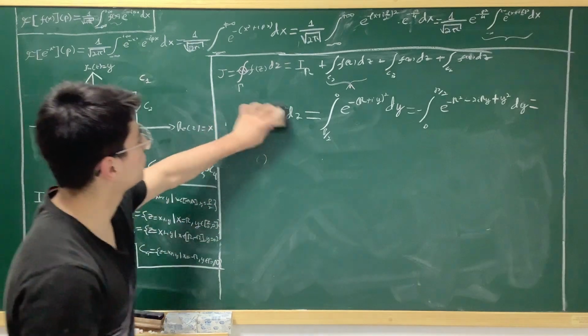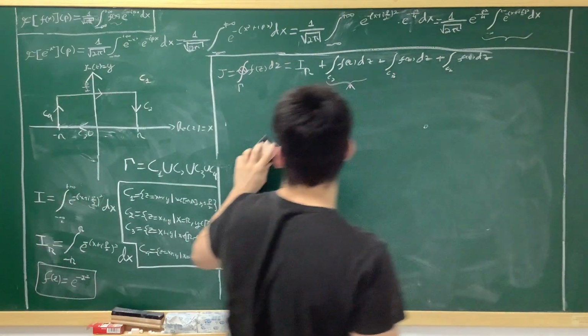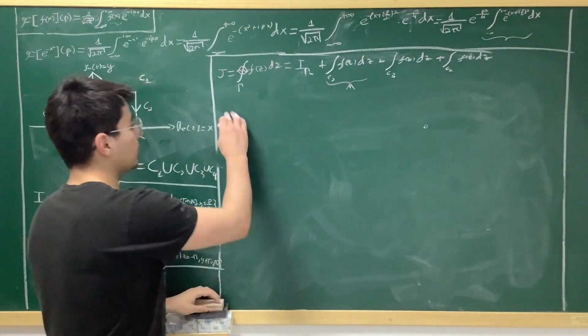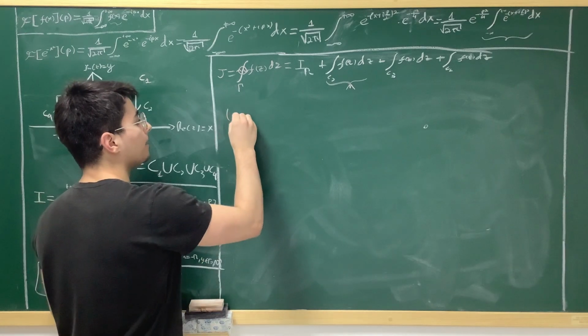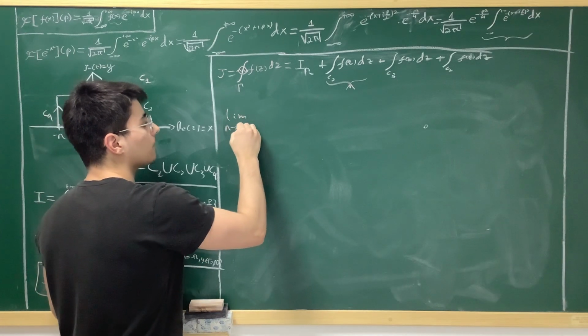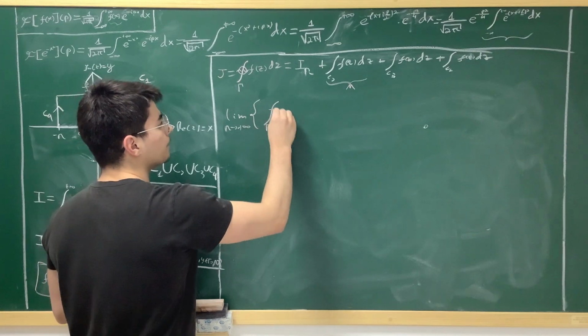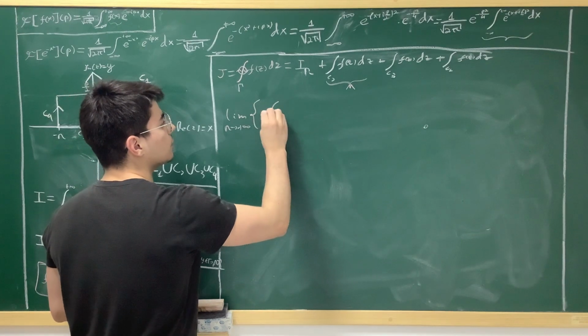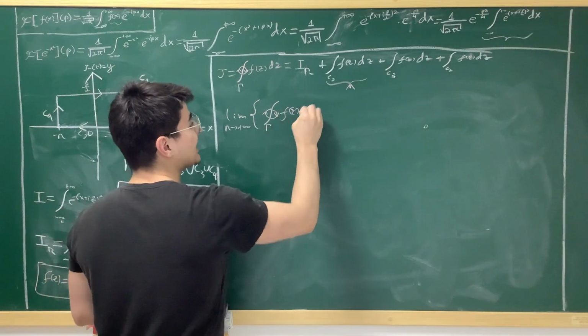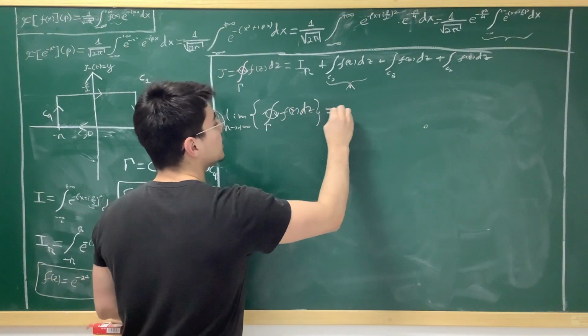Okay, so we are just going to take the limit when r goes to positive infinity of all of these integrals. So this goes here, and this is just the limit.